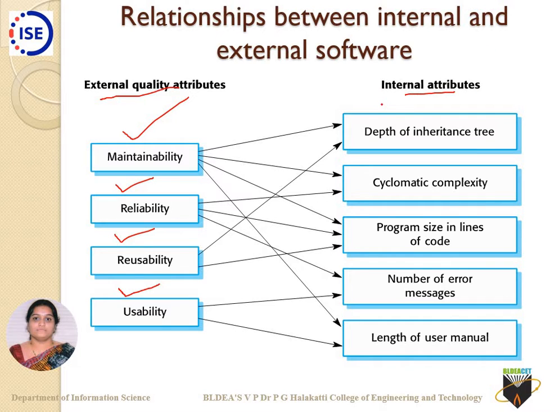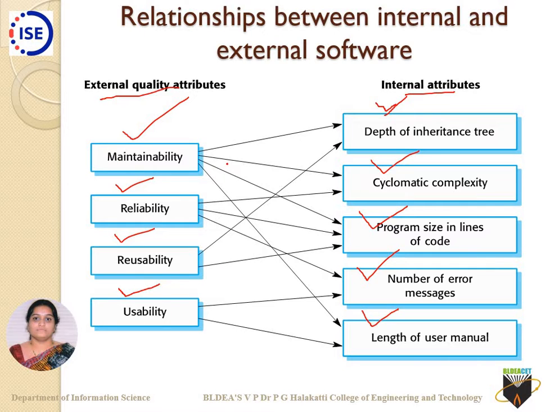Internal attributes are depth of inheritance, which is ultimately what binds classes to one another, then cyclomatic complexity, program size in lines of code, number of error messages, and length of the user manual.